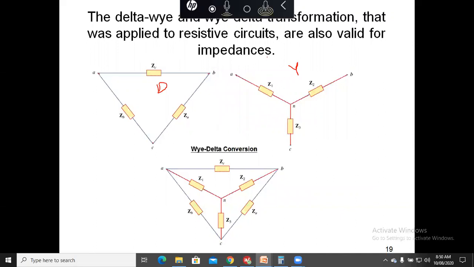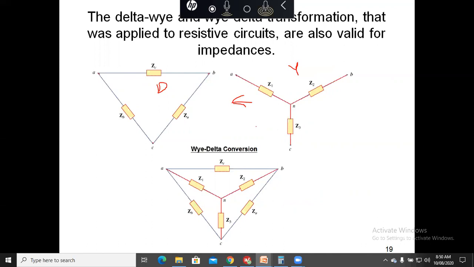Now we need frequent conversion from Y to delta. So first we see how can we move this way, from Y to delta.